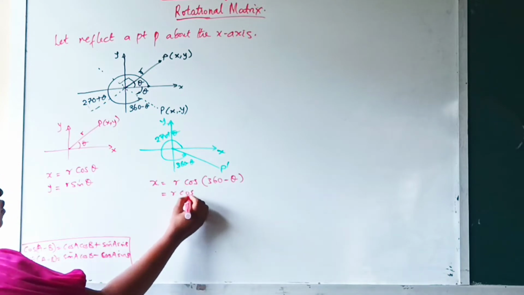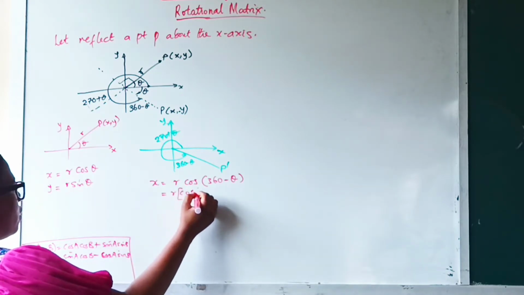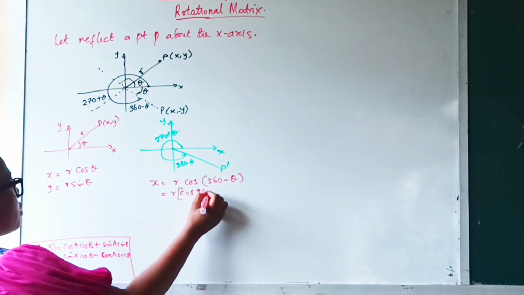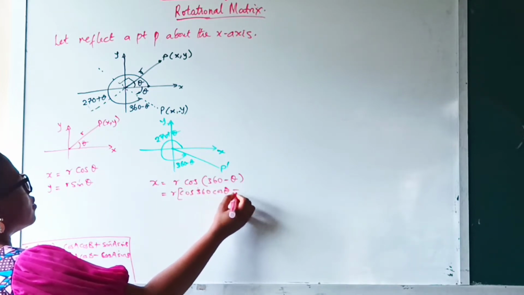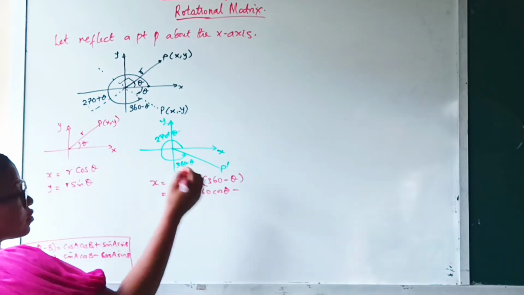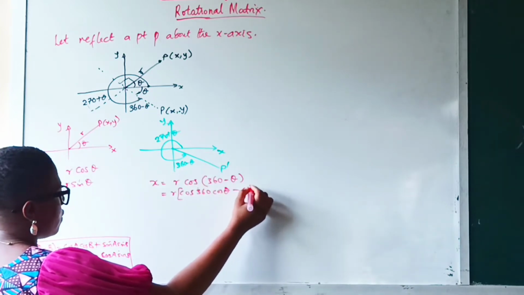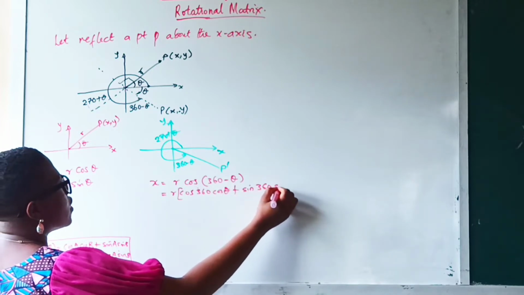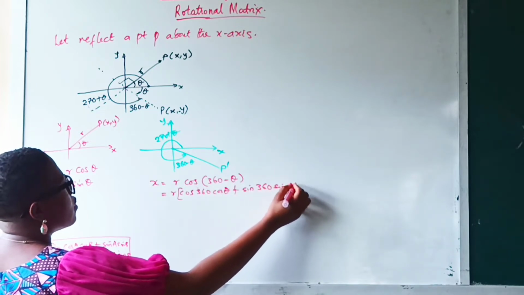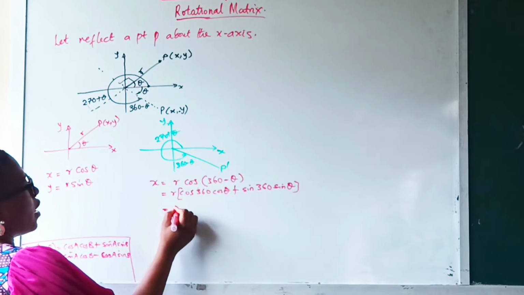So this is cos 360 cos theta plus sin 360 sin theta, and this will give me r.